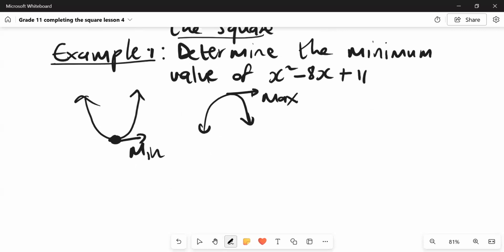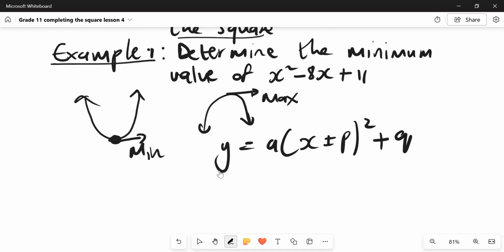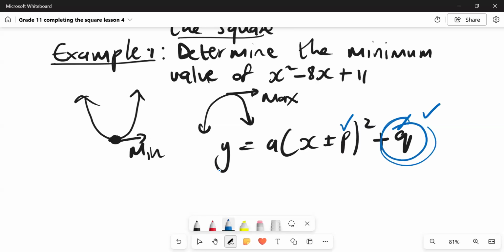Remember, I spoke about this equation, plus or minus p all squared plus q, right? So now this value here is x at turning point, and this value here is our y at turning point. So your q, the last value, becomes your minimum or your maximum, because it's our y at turning point.